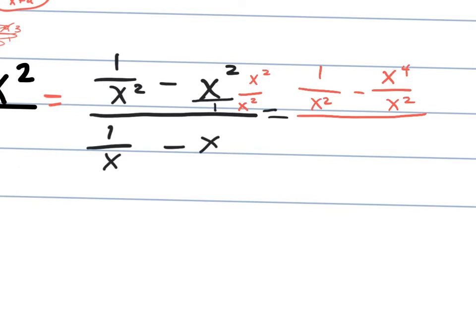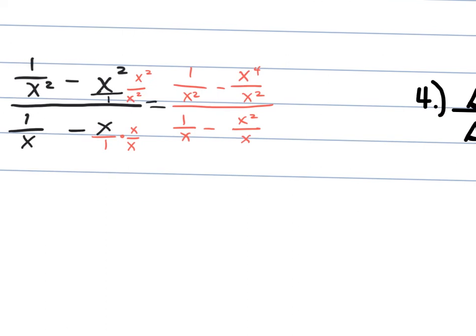In the denominator, what do we need to multiply by? The right-hand one needs to be multiplied by x over x. 1 over x minus x squared over x. Wait, what is dividing or multiplying? We're not.